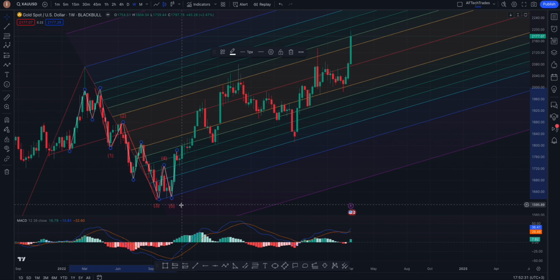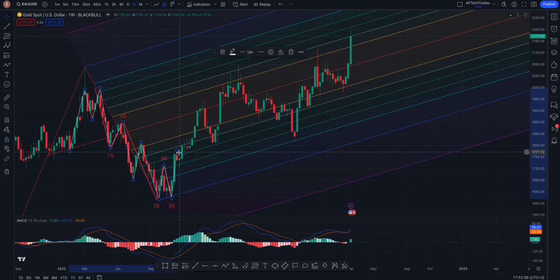Now, after the first 5 count, you have the A, B, C. C is usually the longest. I would say that this is possibly C. Now, if I also say that after the W I have here, I can mark this as 0, 1, but I will check if the conditions satisfy the Elliott wave conditions. Otherwise, this could be my 1.